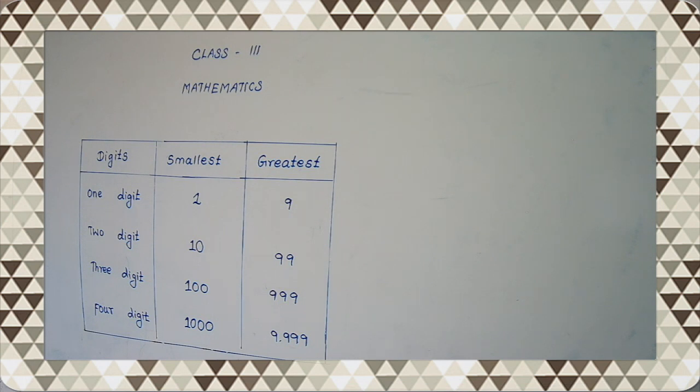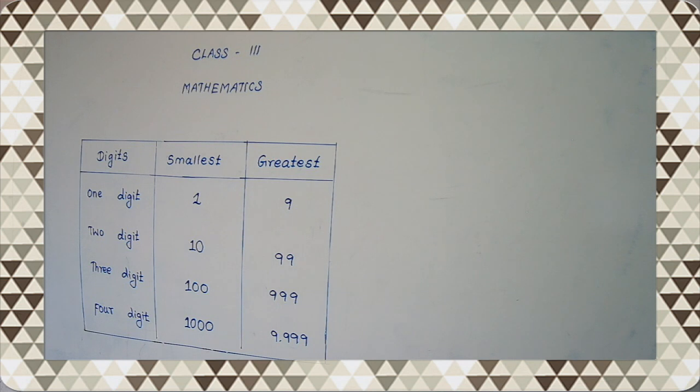Next, 3 digit. The smallest 3 digit number is 100. The greatest 3 digit number is 999. Is that right, children? Yes. Then 4 digit number. The smallest 4 digit number is 1000.